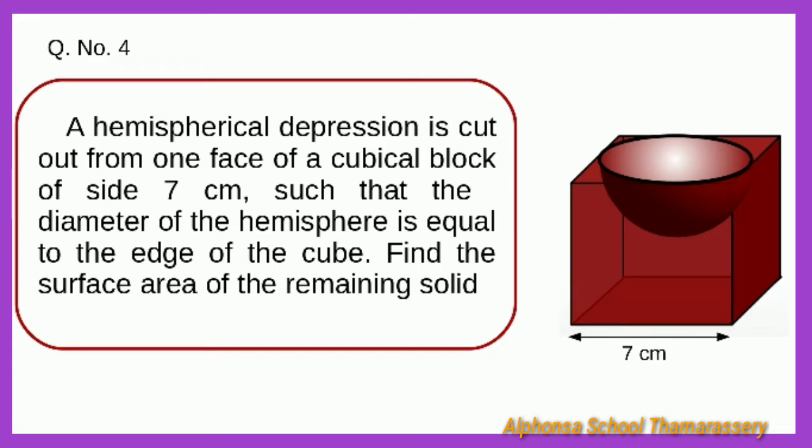Here you can see that a hemisphere is hollowed out from the solid cube. So the total surface area of the remaining solid is total surface area of cube minus base area of hemisphere plus curved surface area of the hemisphere.